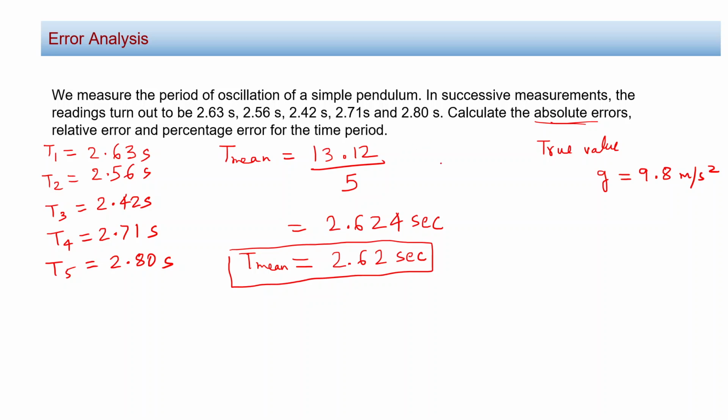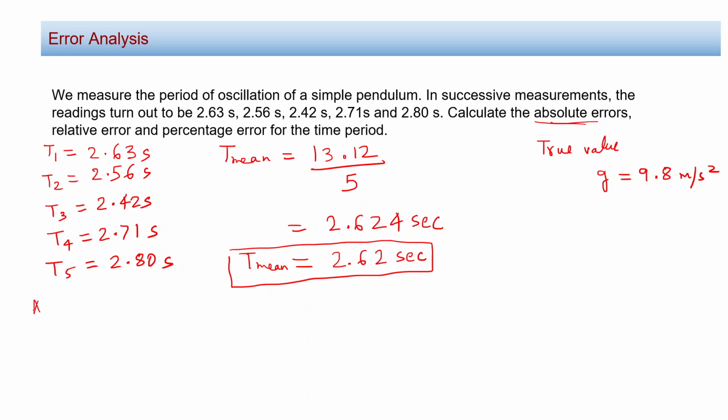So let's calculate this absolute error. We have to calculate absolute error for every value, since we conducted this experiment 5 times and got 5 different values. Every value is deviating from this mean value, and how much the deviation is, we'll get to know from calculating the absolute error for each of these values.